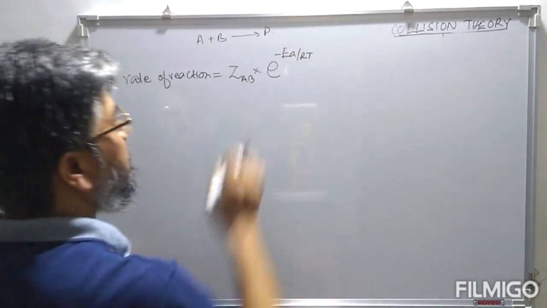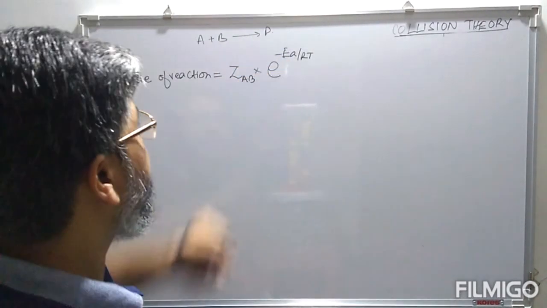So this is the fraction of molecules having energy greater than the minimum energy.